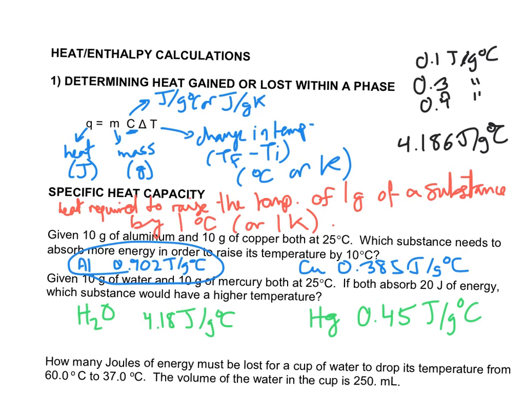Well, the answer would be mercury, because mercury takes only a little bit of energy to change its temperature, whereas water takes a lot. So if you're giving them the same amount of energy, mercury is going to change drastically compared to water.